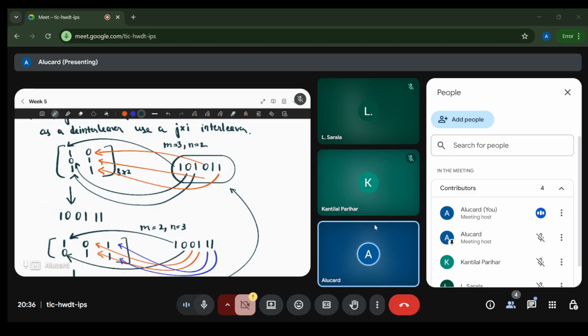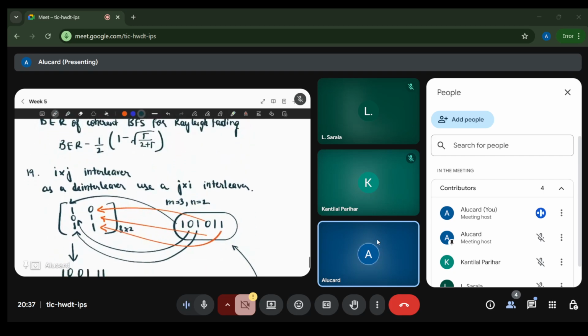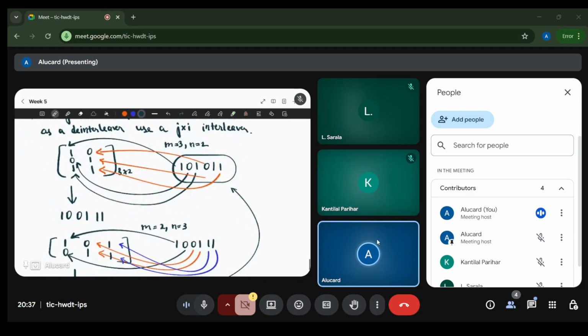You'll get back your original bit stream. So this is one example I came up with. I don't know exactly in which way the streams are put in the columns and rows, but this is one way you can do it.